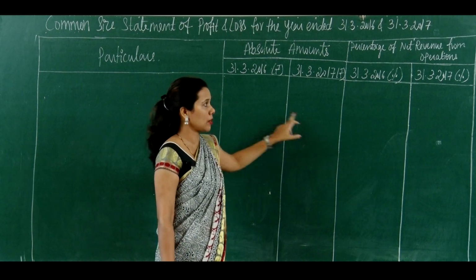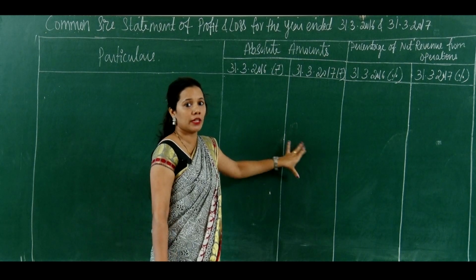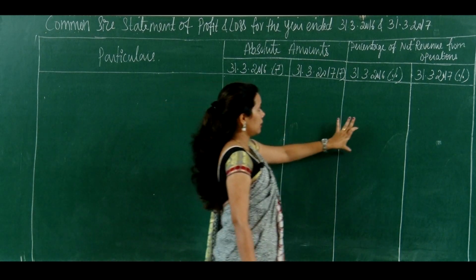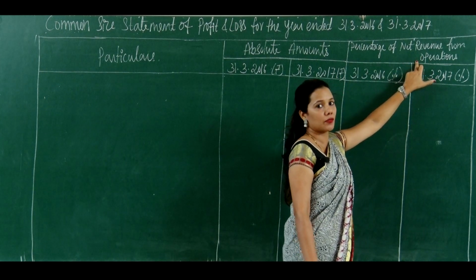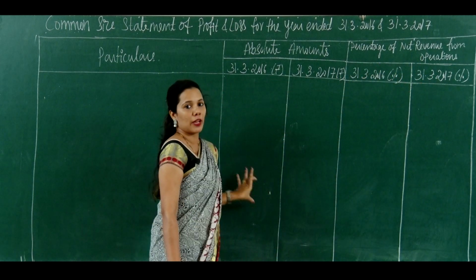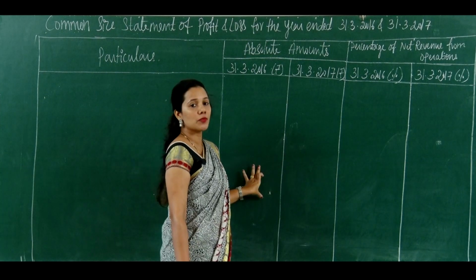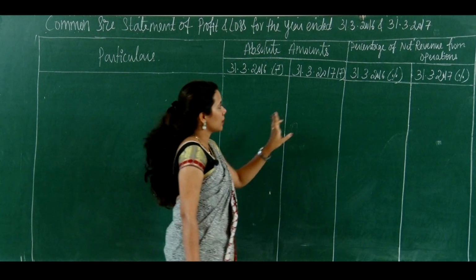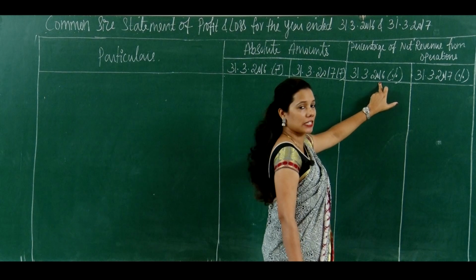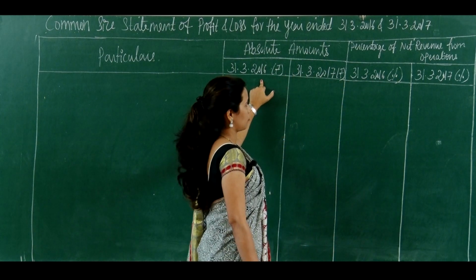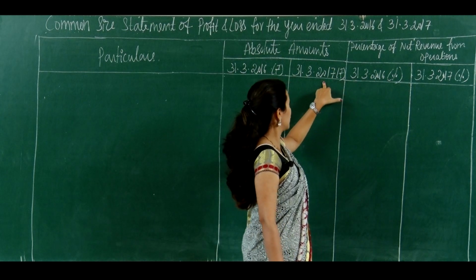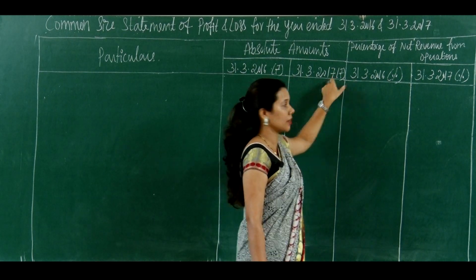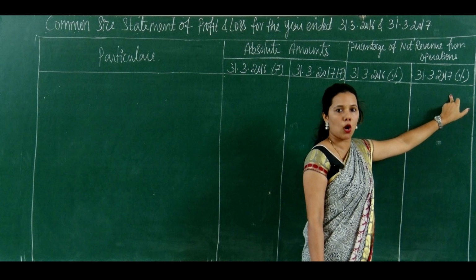All the financial information we have to record in these two columns in terms of amount. Then based on net revenue from operations, we convert each financial item recorded in these two columns into percentage. So 31st March 2016, your previous year information, is converted into percentage here, and 2017 information is converted into percentage in this column.